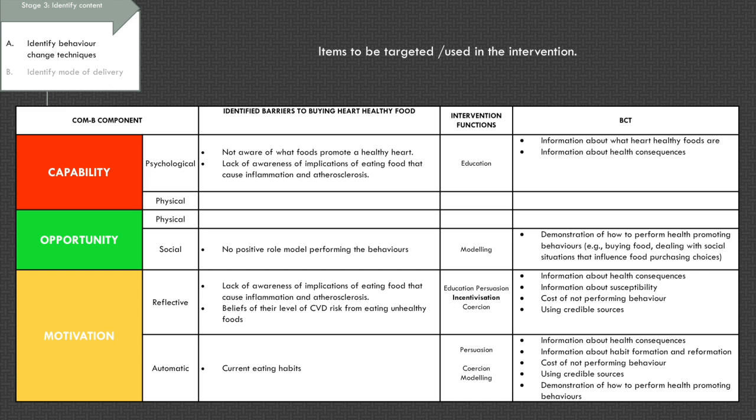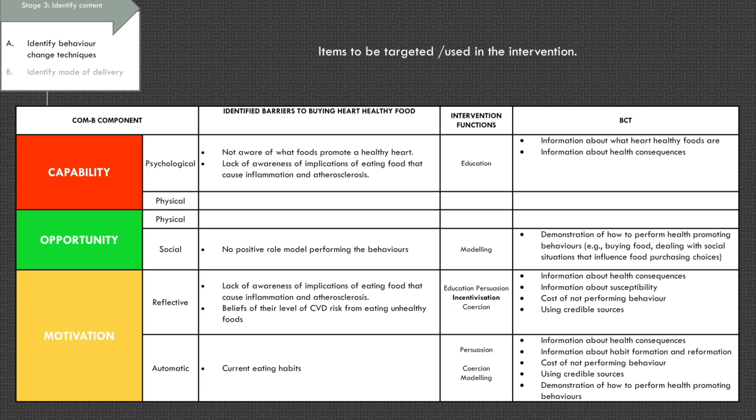Now that we've got the list in front of us of the barriers, intervention functions, and behaviour change techniques, we can look at this from a different perspective that might help us to start putting together a skeleton narrative of a health promotion video. So for example, people at risk of cardiovascular disease, they're not buying healthy food as they don't know, or they don't seem to understand fully what healthy food is.